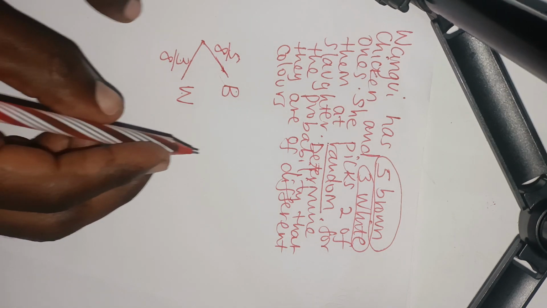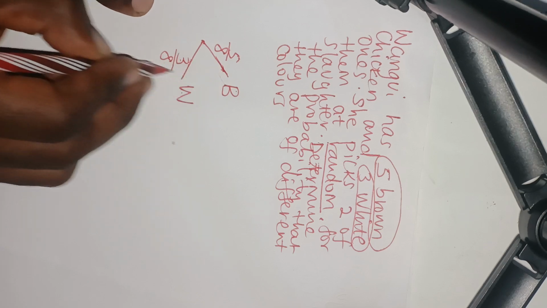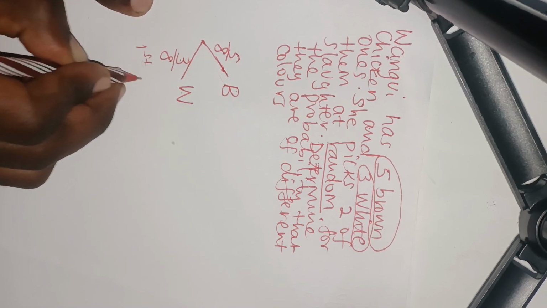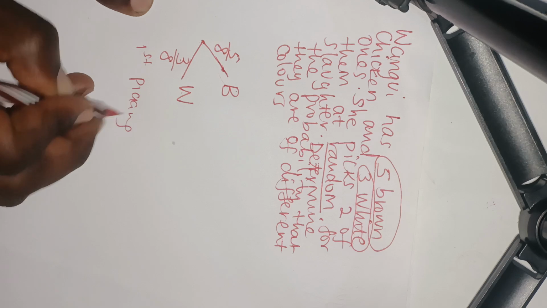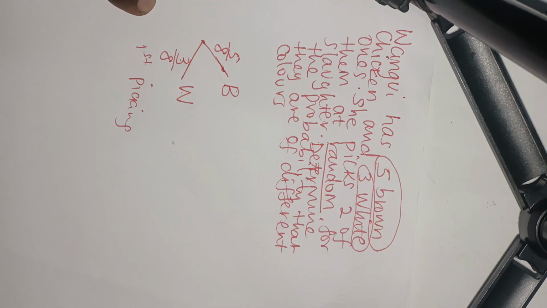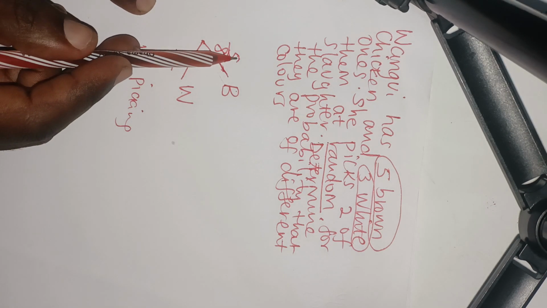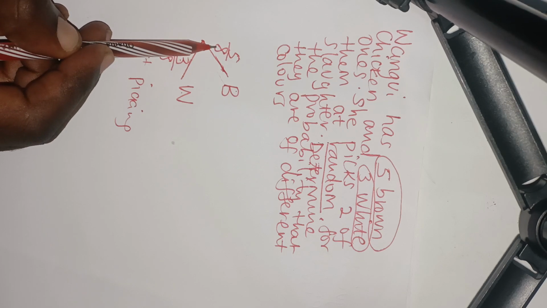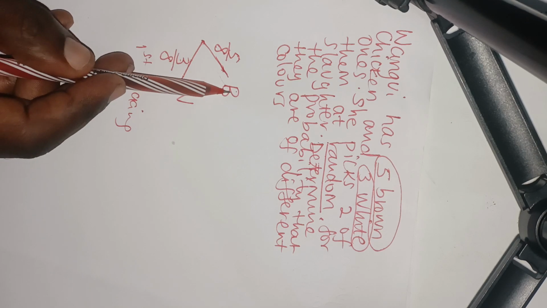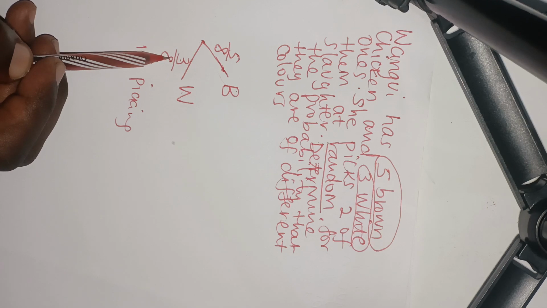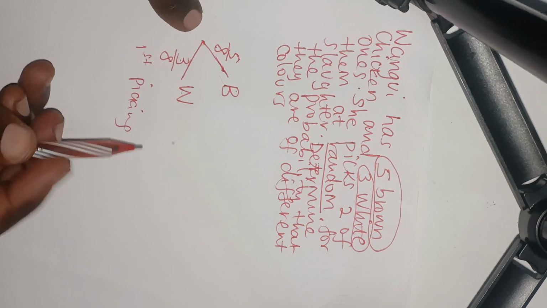So we are going to now say this is possibly the first picking. That is the first picking. So the person has picked 5/8 as a probability for the first brown chicken and 3/8 as the second probability as far as the white chicken is concerned.